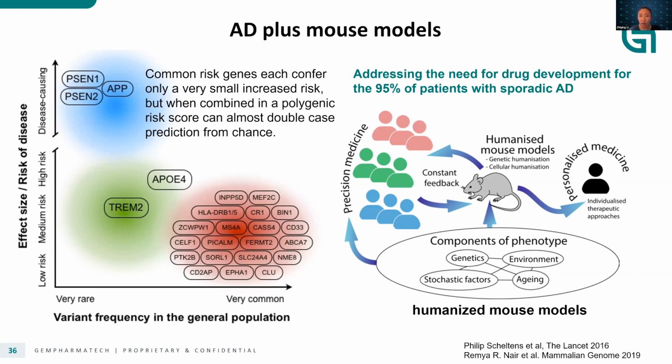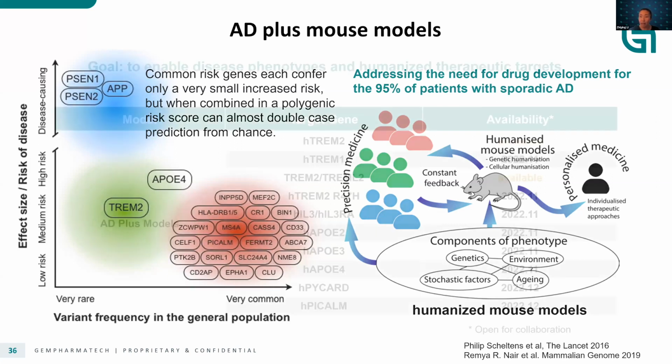Here is where what we are calling the AD plus mouse models platform comes in. As you remember from before, there are a lot of other genes or risk alleles that have been implicated in Alzheimer's disease. What we want to do is to introduce these implicated human genes into the mouse so that the human protein can become available as targeting tools for testing.